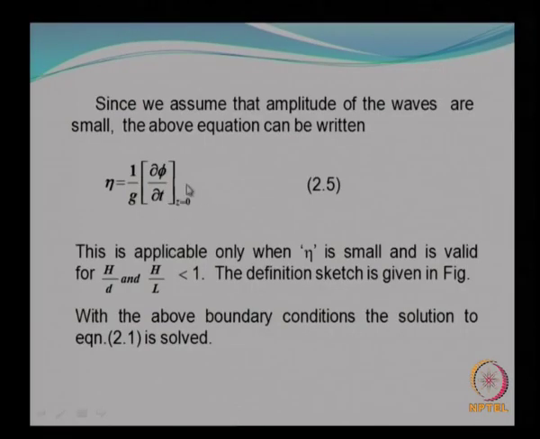So we are using z equal to 0 instead of z equal to eta, because of which the problem simplifies. As I said earlier, this will be valid for wave parameters as shown here. d is the water depth, H is the wave height, L is the wavelength.